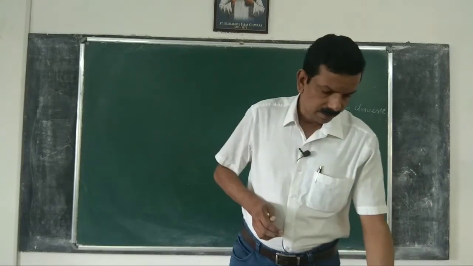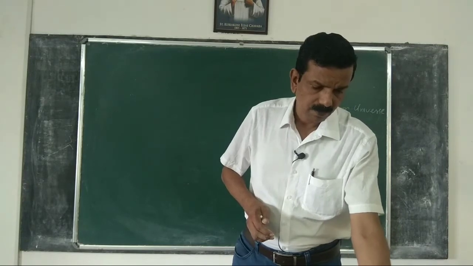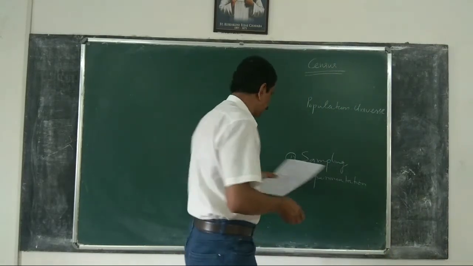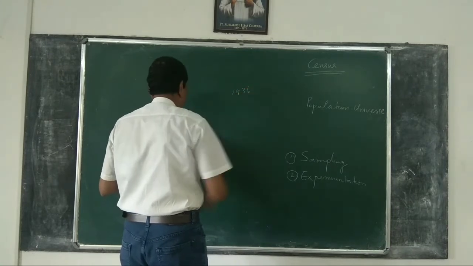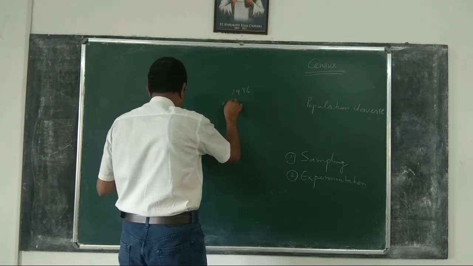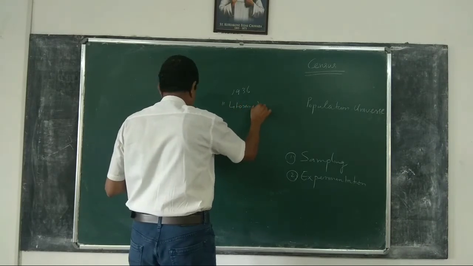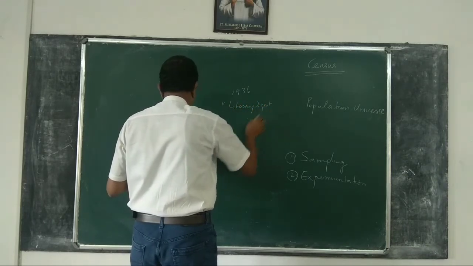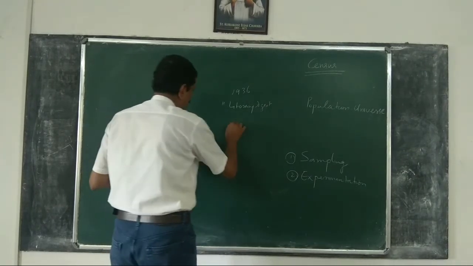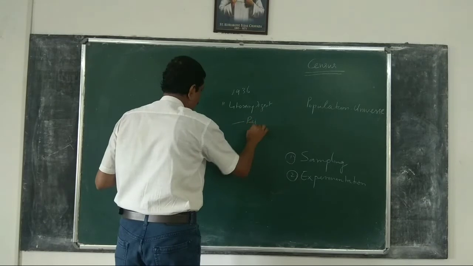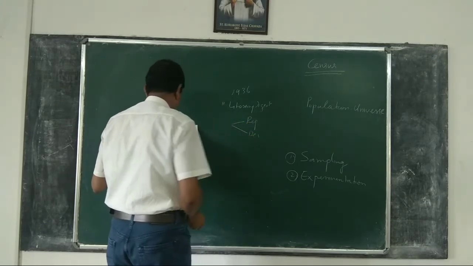As an example, in the 1936 presidential election in USA, before the election, a magazine known as Literary Digest conducted an opinion poll, asking whether the voters will vote for Republicans or Democrats.